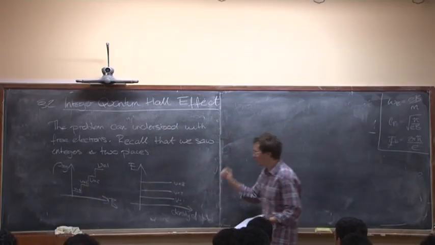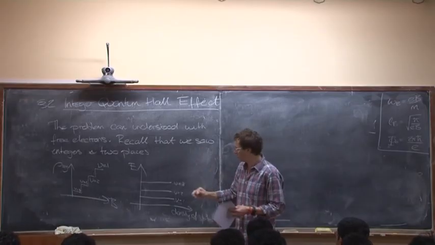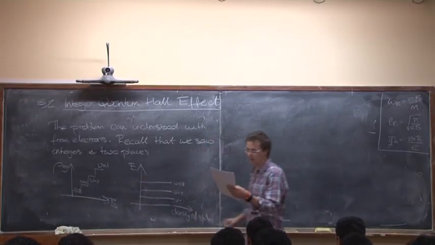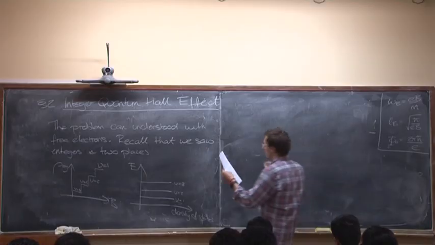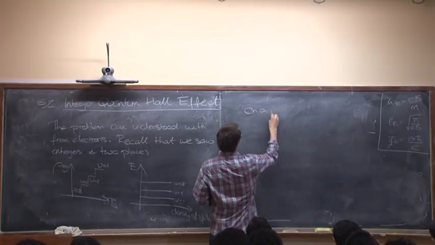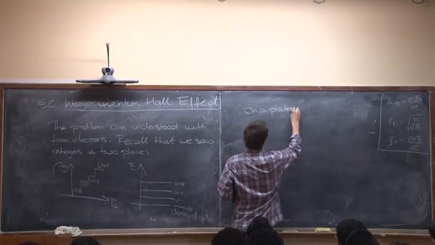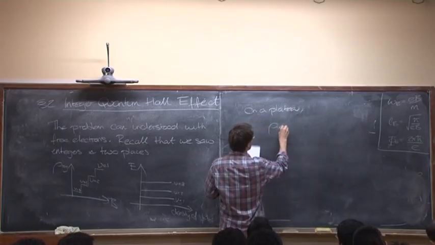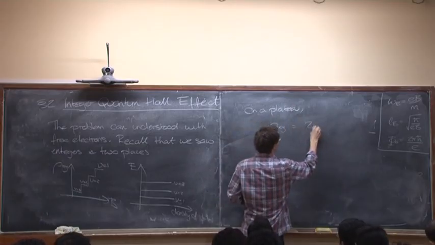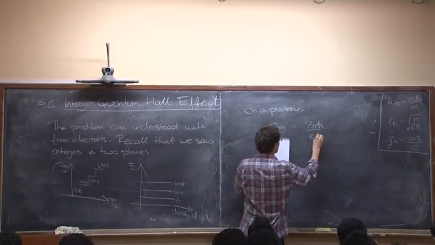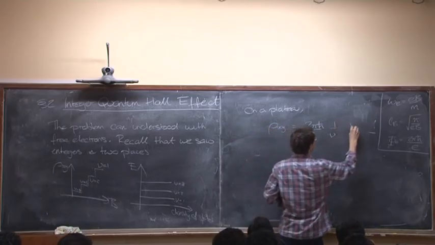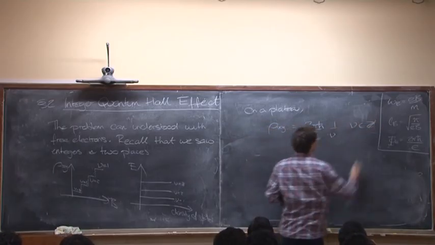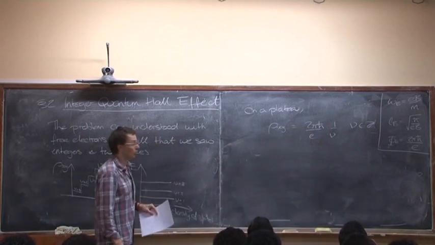So let's just see, from the calculations we did in the last lecture, how that works. So on a plateau, I mentioned that experimentally this is the value that the Hall resistivity takes.